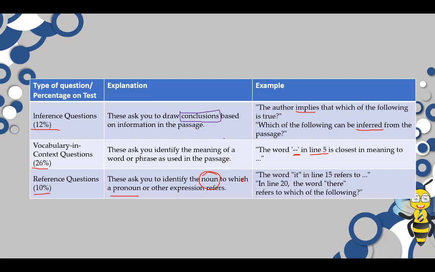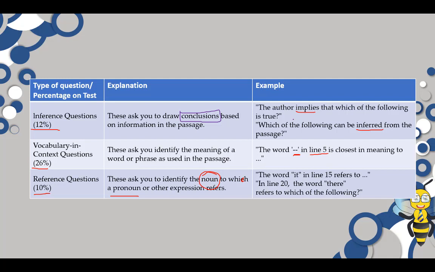For example, the question could be, the author implies that which of the following is true? They did not mention this in the lecture, but according to the way he is writing, you must identify what they are talking about, or what is the opinion of the author.